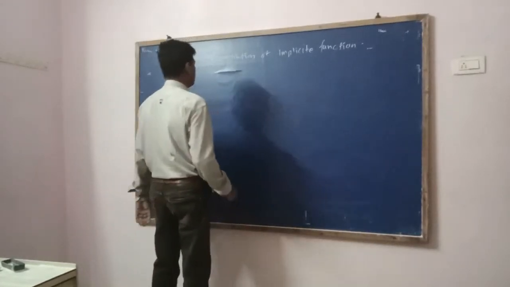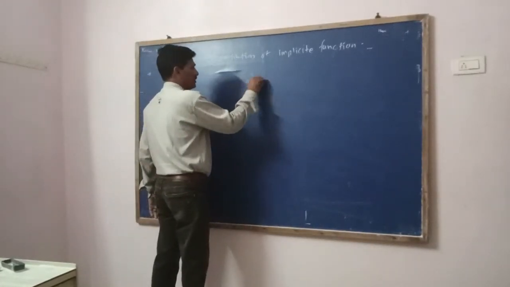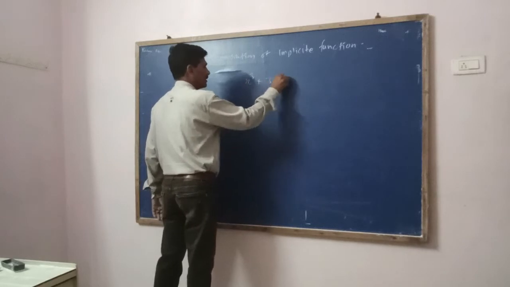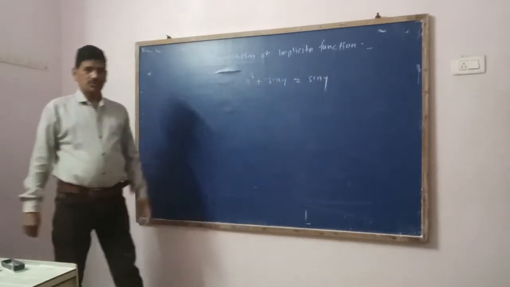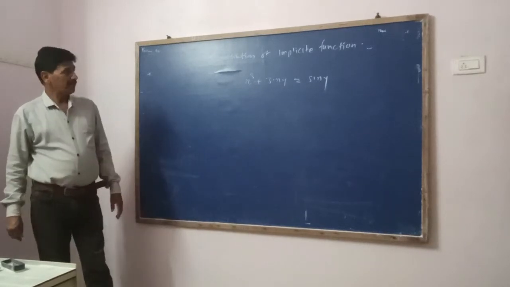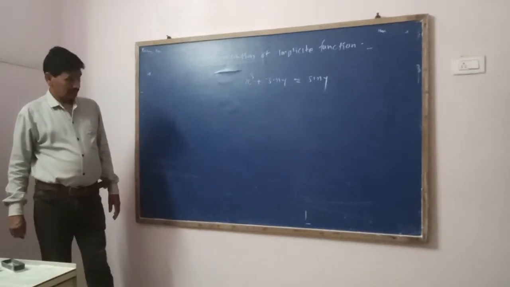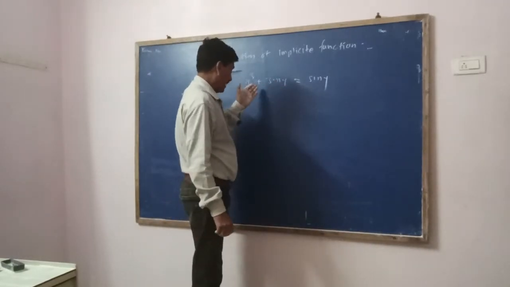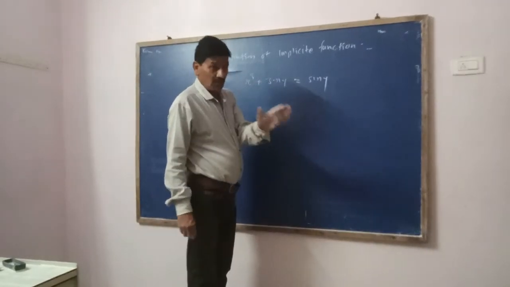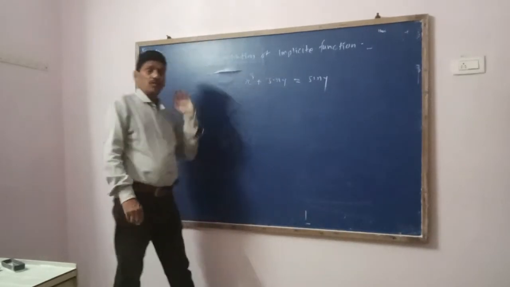So x cube plus 3xy is equal to sin y. This is an example of implicit function, because in this equation y cannot be expressed in terms of x, or x cannot be expressed in terms of y.